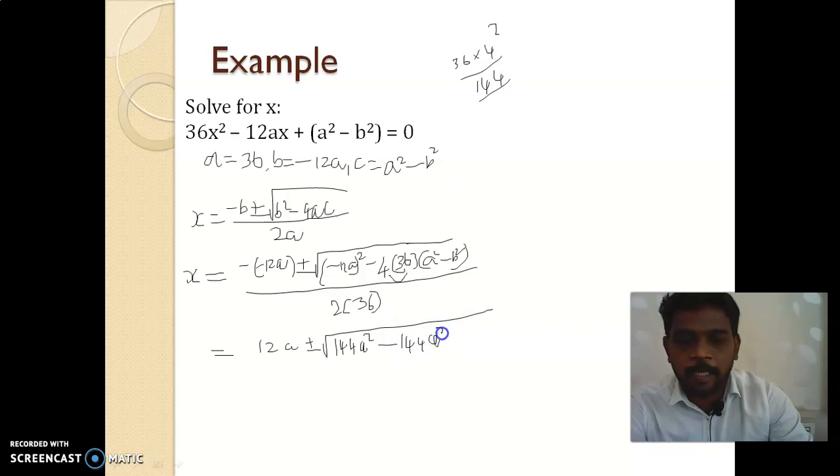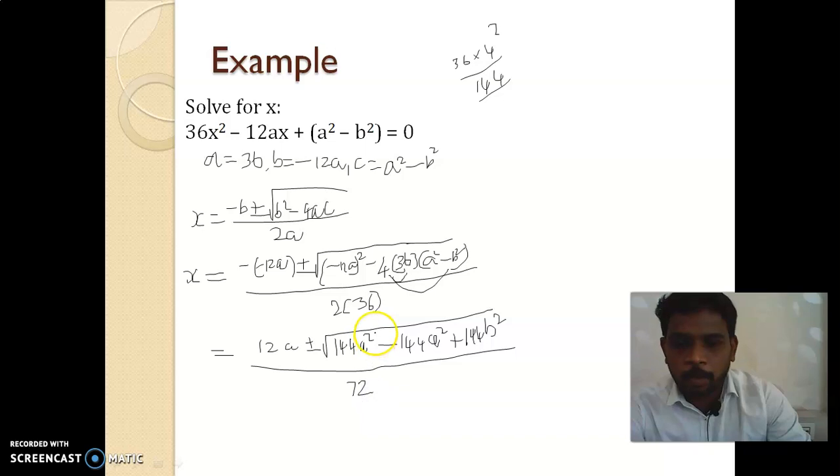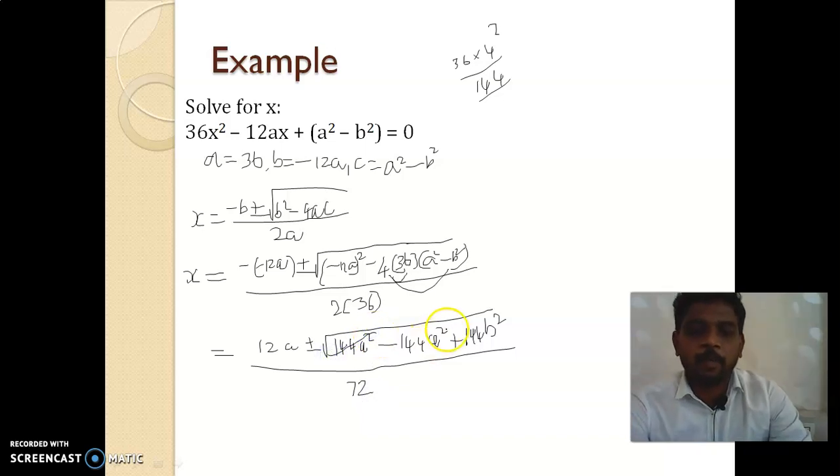When we multiply inside the bracket with the B square here, minus into minus is plus 144B square, and whole divided by 72. Inside the square root, plus 144A square minus 144A square cancel each other.